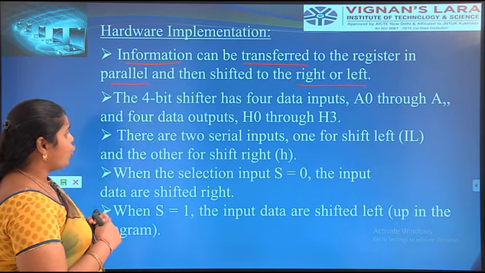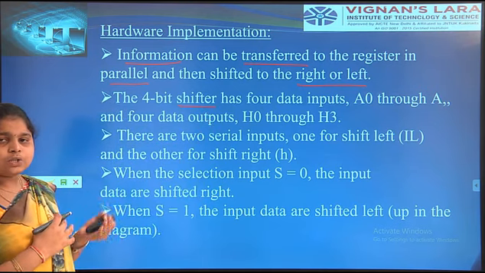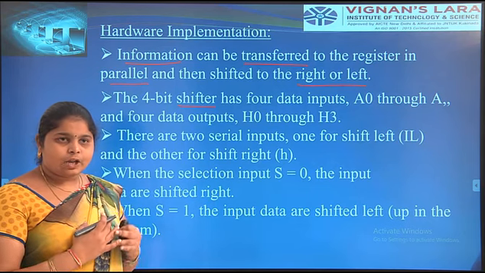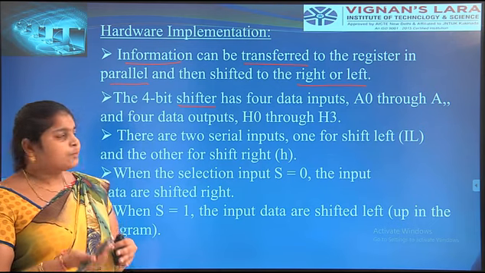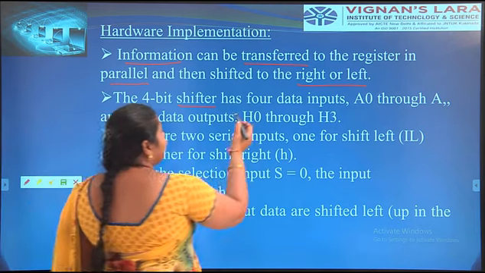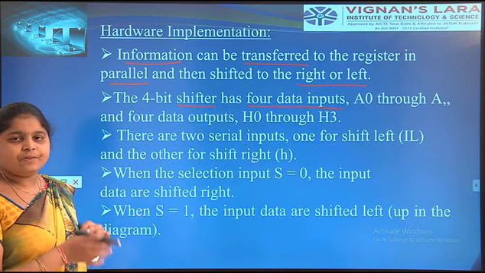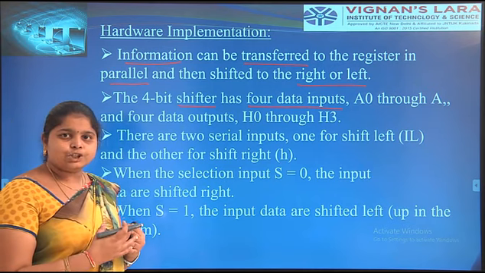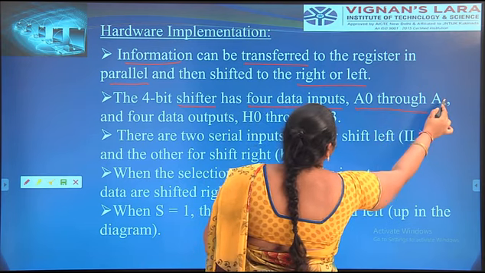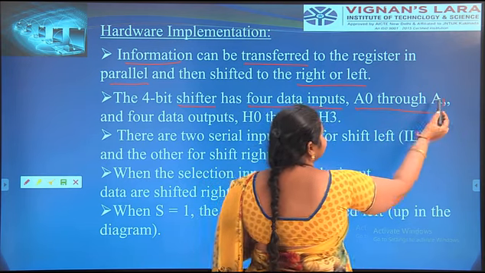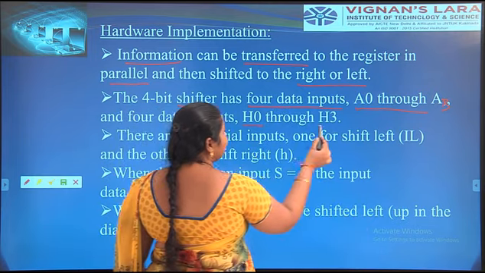The 4-bit shifter: in hardware implementation, this is also known as a shifter. Transferring the data from one register to another register is done by the shifter. For the 4-bit data inputs, we take a 4-bit register, A0 to A3, and for the data outputs, H0 to H3.